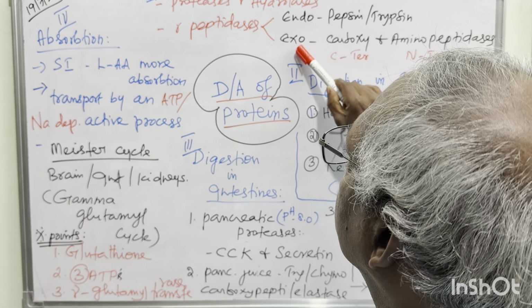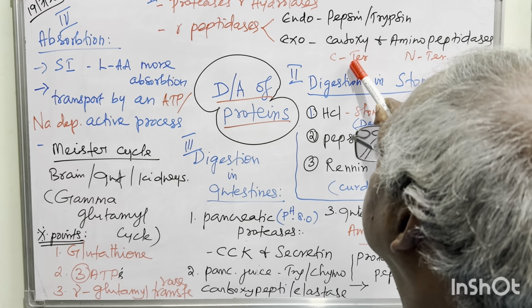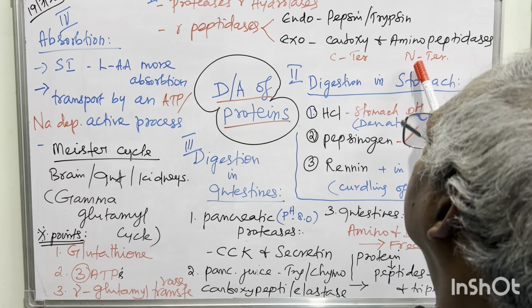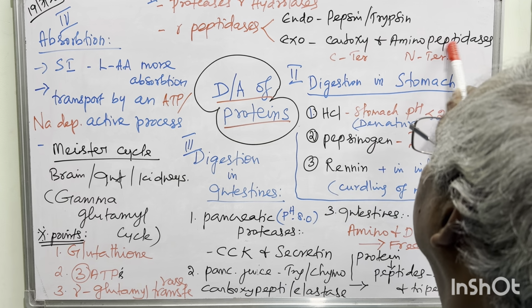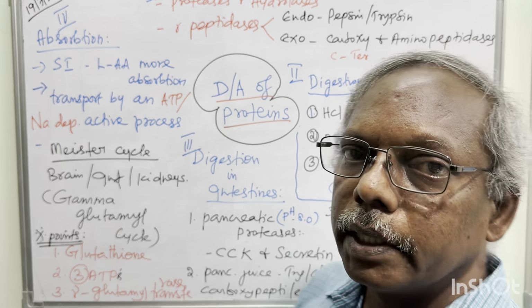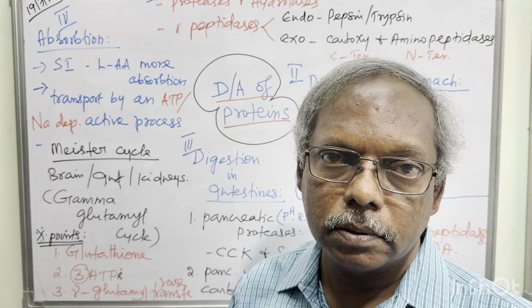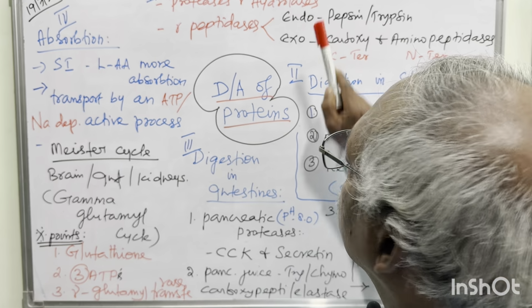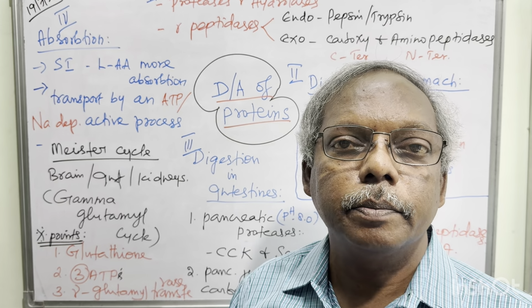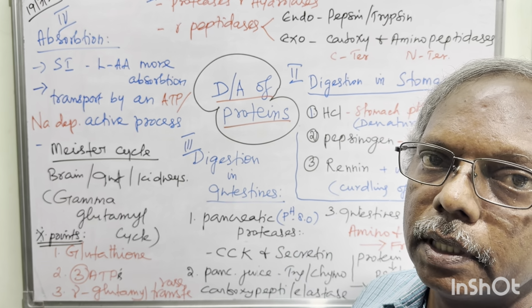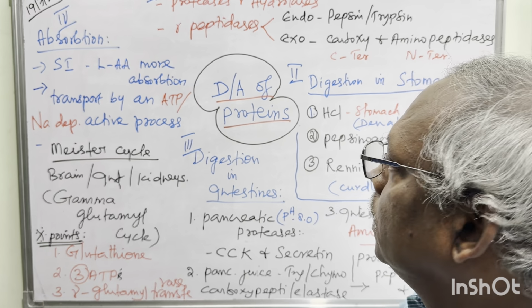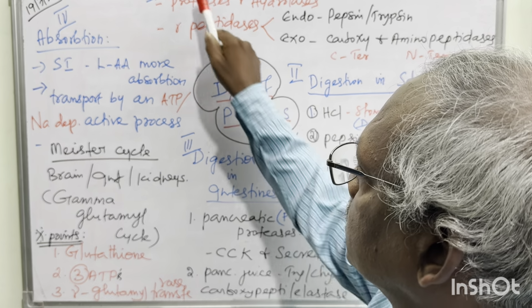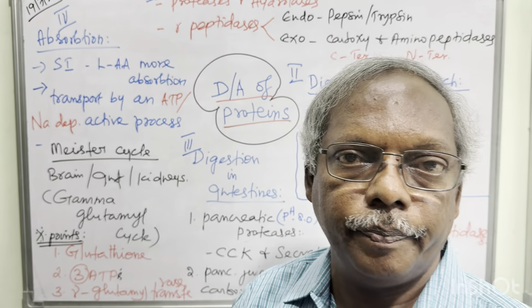You all know the meaning of exopeptidase, which acts on the carboxy terminal, and aminopeptidase involved in N terminals, right? Whereas in endopeptidase, we have trypsin, pepsin, chymotrypsin, like that. So this is all our introductory point.